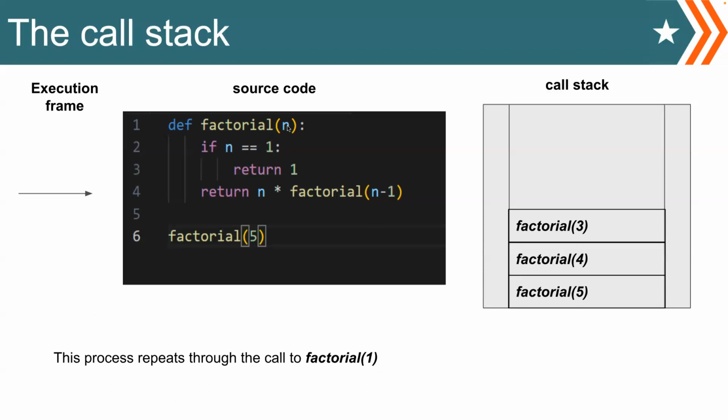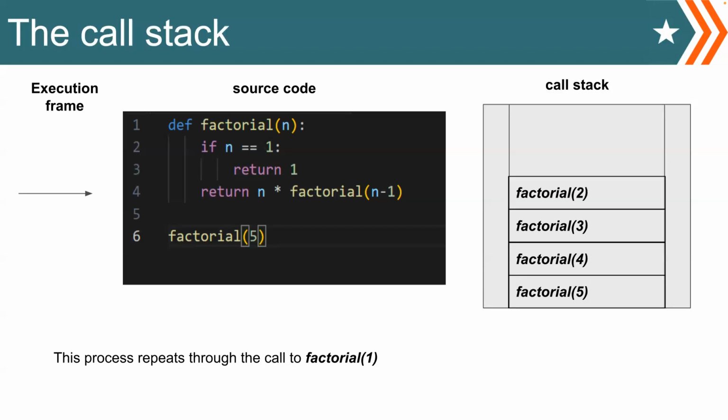Same thing: n is 4, 4 is not 1, so we don't do this. We return 4 times factorial of 3. Well, we can't return for factorial of 4 yet, because we don't know what this is. I have to call this function again, and I have to put it on the call stack again.